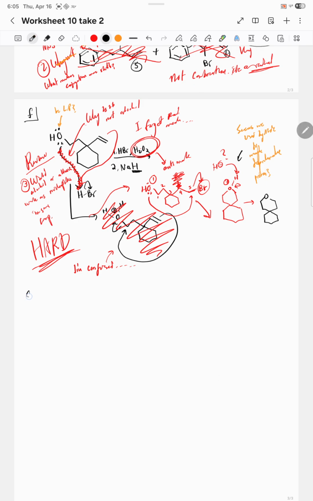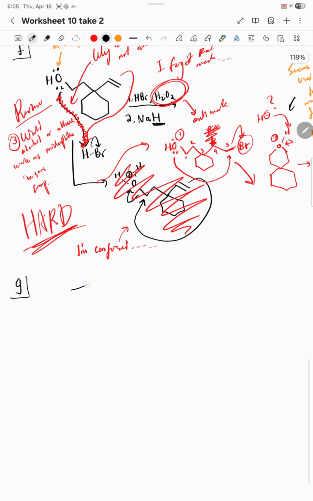Say we were to go on with part G, and we had the following molecule. The part G sequence: Br2 radical halogenation with light, which is selective, remember.